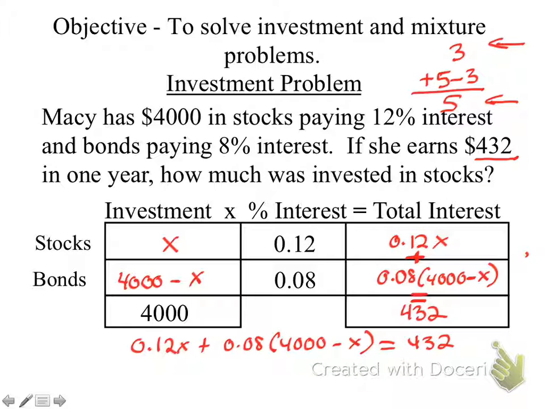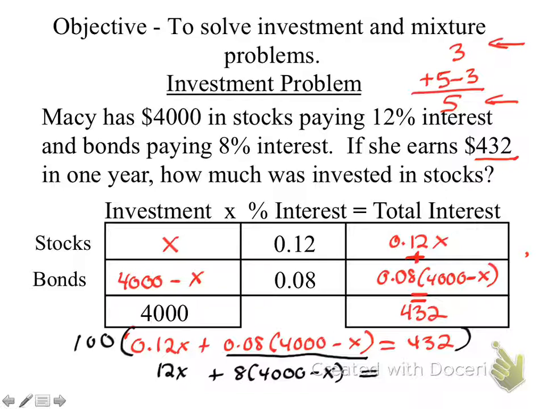Now, right away, I want to clear those decimals and not deal with it. So I'm going to multiply everything by 100. Now, in the first term, I get 12x. In the second term, what are we going to get? Plus 8 times 4,000 minus x equals 43,200.